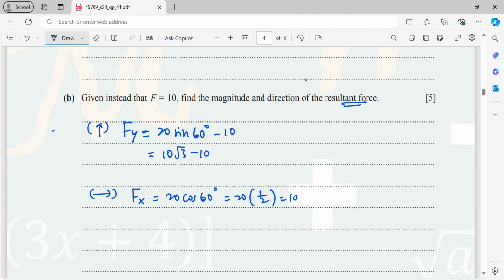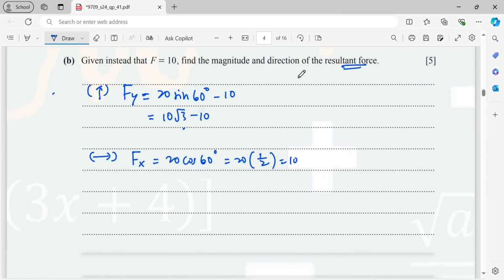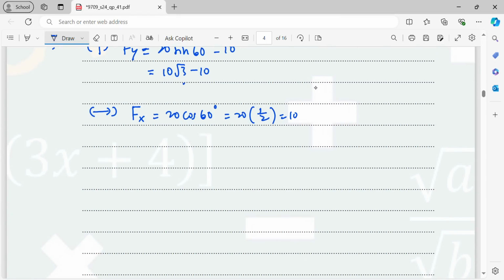For your information, this 10 square root 3 minus 10 is a positive value. That means my resultant force will be pointing up with Fy, and my Fx is to the right side. So my resultant force is actually here.